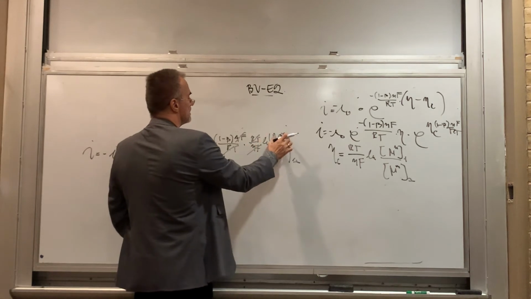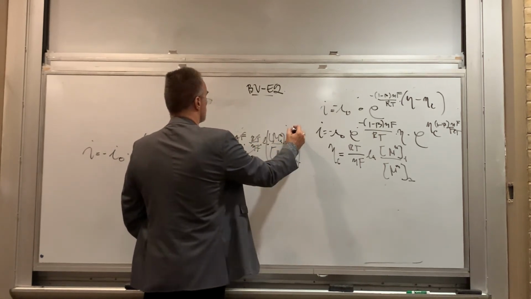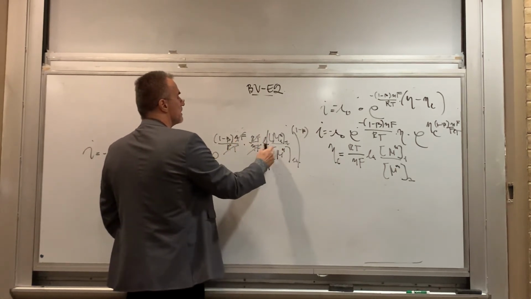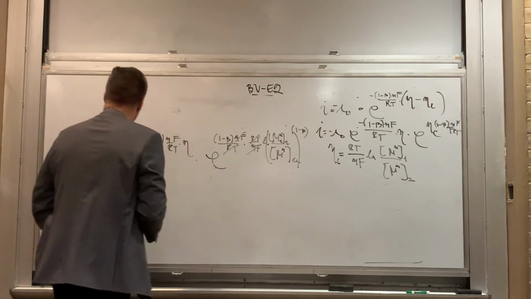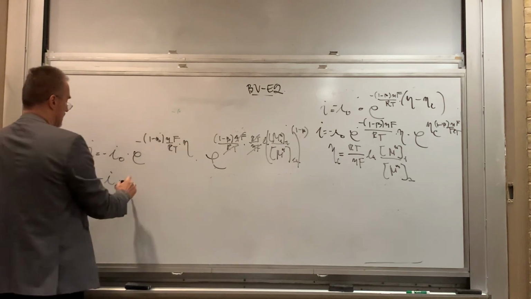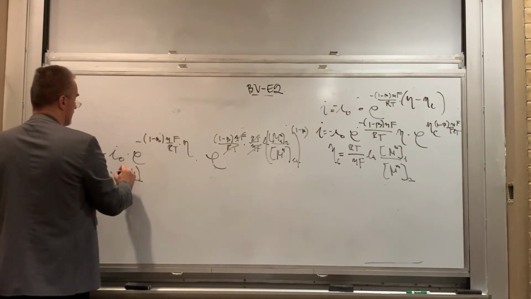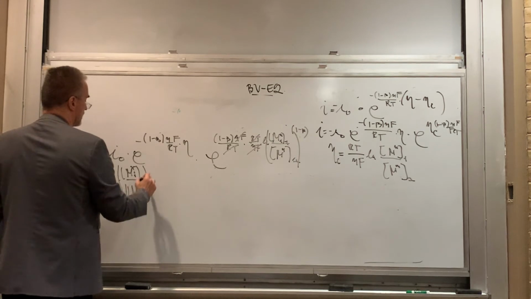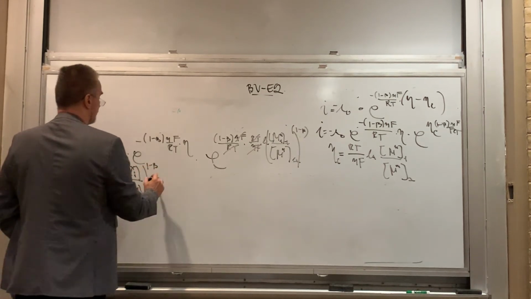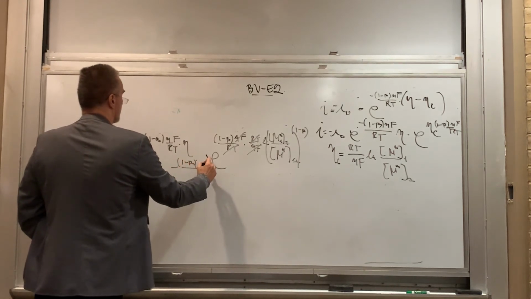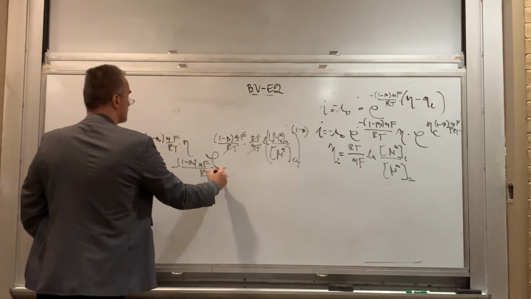When it goes into the logarithm, it's going to be all this to the power 1 minus beta, okay? But then because e to the logarithm, what we are left with is just this, right? So the final thing is minus I naught times M interface over M bulk to the power 1 minus beta times e to the minus 1 minus beta nF over RT eta.